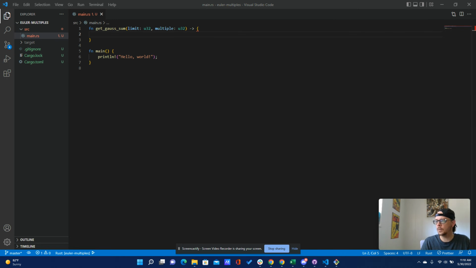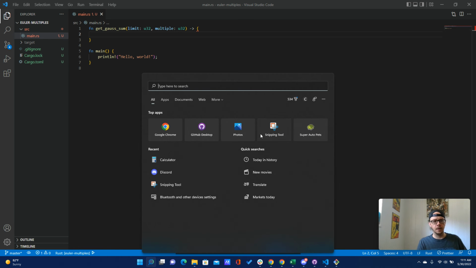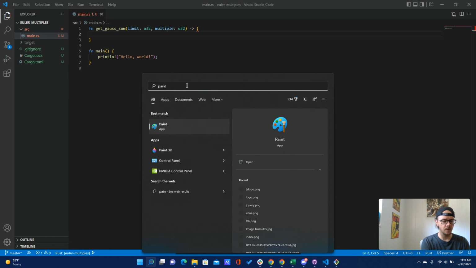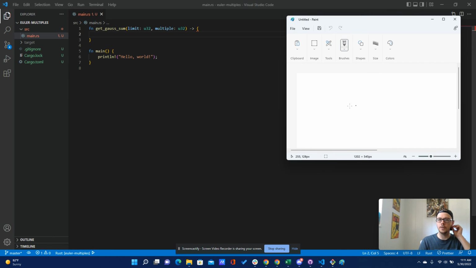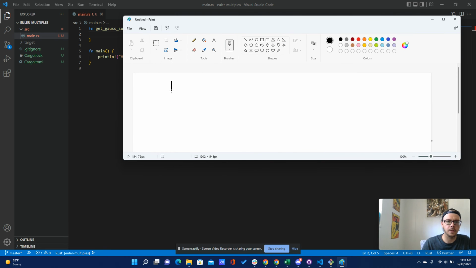So what do we remember about the Gauss sum? If you remember, Friedrich Gauss was the guy who noticed, when he was in school, that if you sum the numbers from 1 to 100, you've got 1, 2, ... 98, 99, 100.